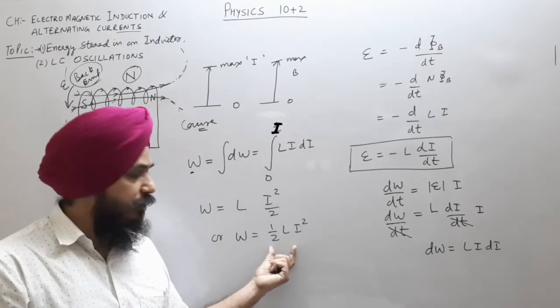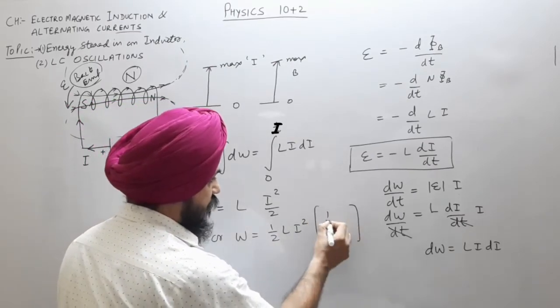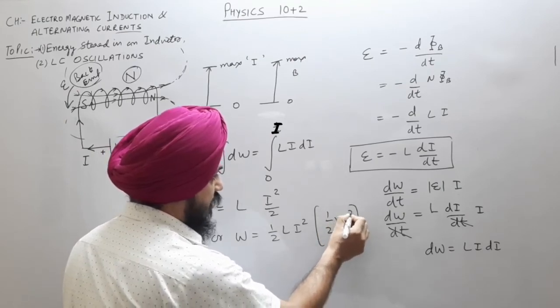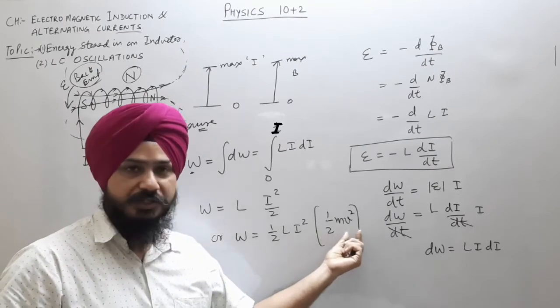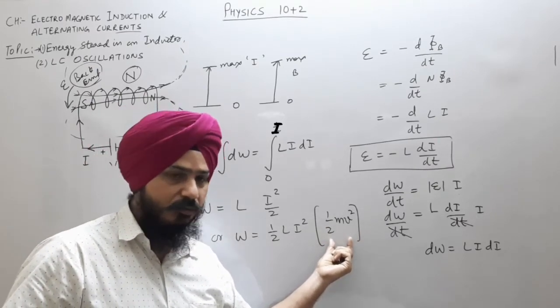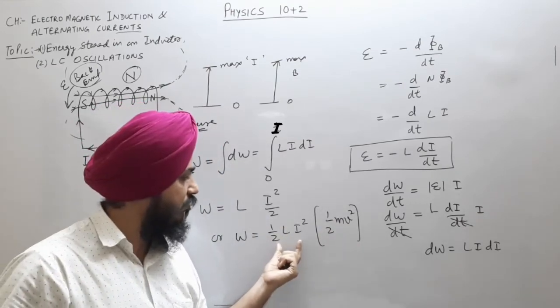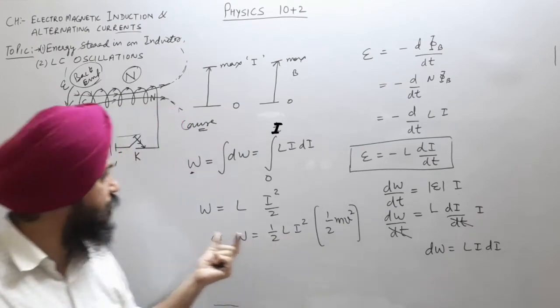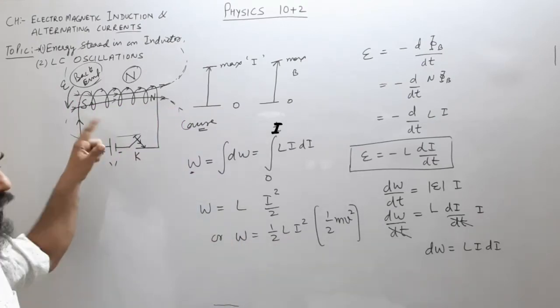As you see, this formula is very much in resemblance with our kinetic energy formula, half L I square, half m v square. So this is also a formula of energy. This much amount of work has to be done by the battery to maintain the current in the circuit.